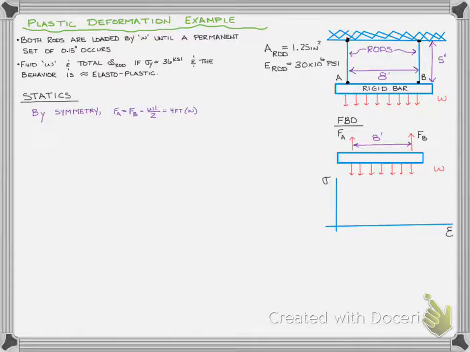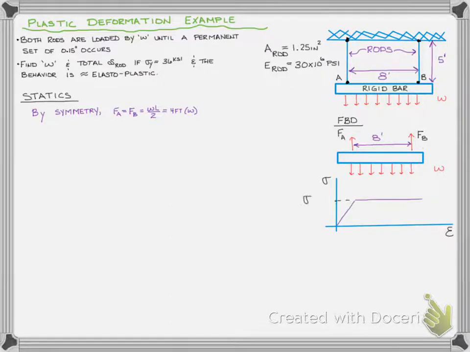Now, we want to continue and look at whether we can say anything about the deformation, or how we can use that FA or FB value that we got in terms of W and relate that back to the stress. Let's remind ourselves what our elasto-plastic stress-strain curve looks like and the behavior that we're dealing with.